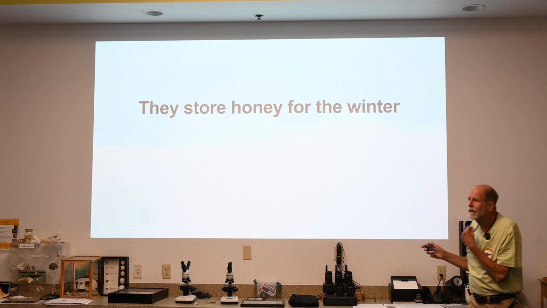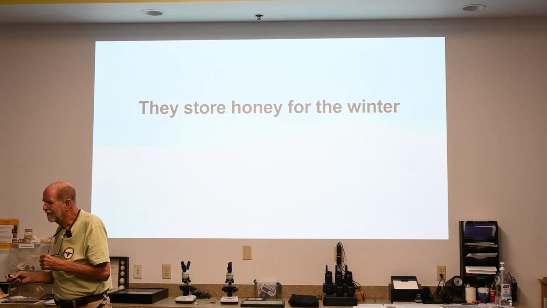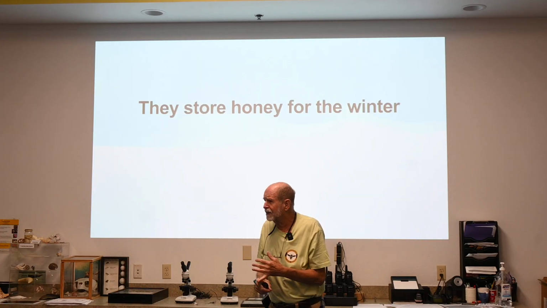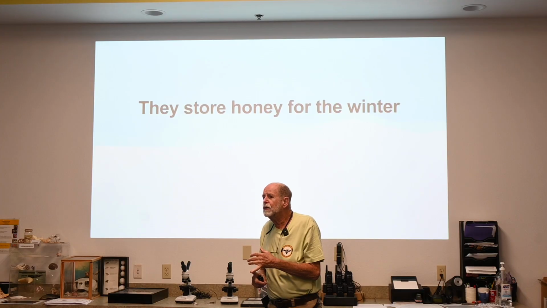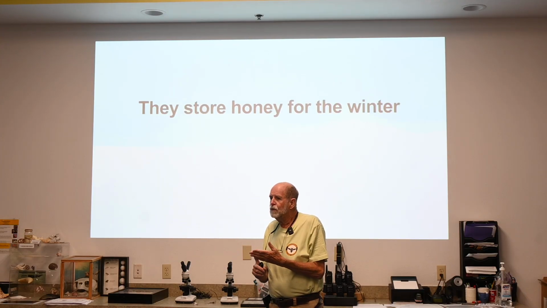Question, do they take the same flight path? Like, are they more prone to follow the same path, or are they more taking that mile and spreading out and kind of checking out the area? Okay, the question is the flight path, the 3 to 5 miles that they can fly from home. They do a 360 all the way around the hive. Usually what they do, they send out scout bees initially.